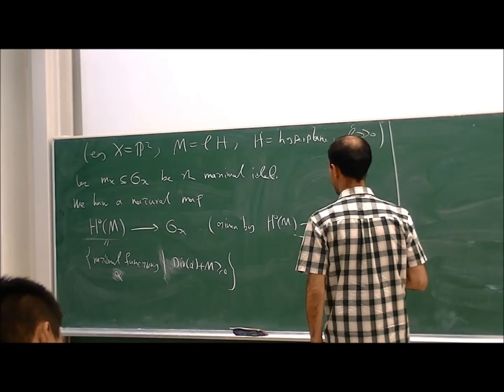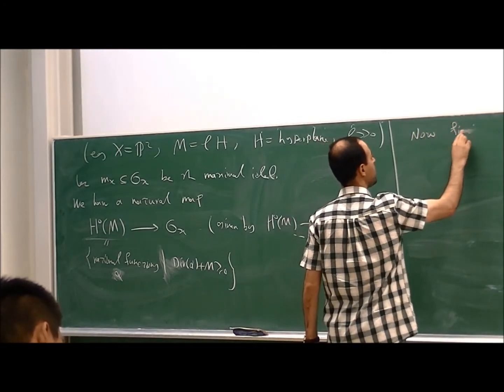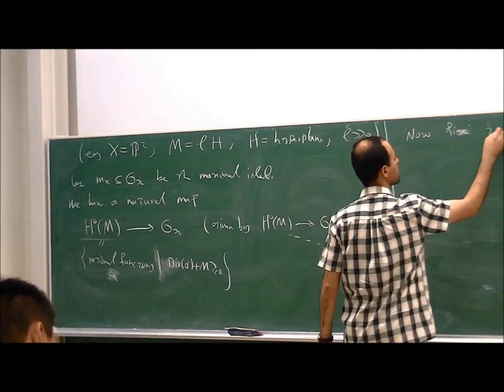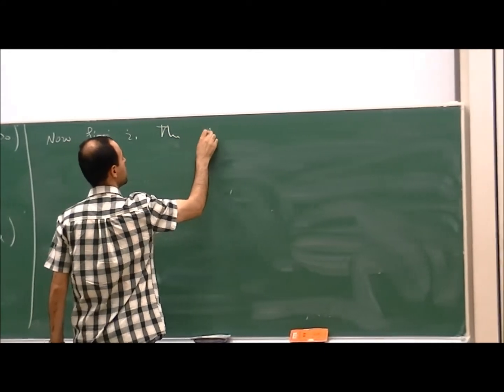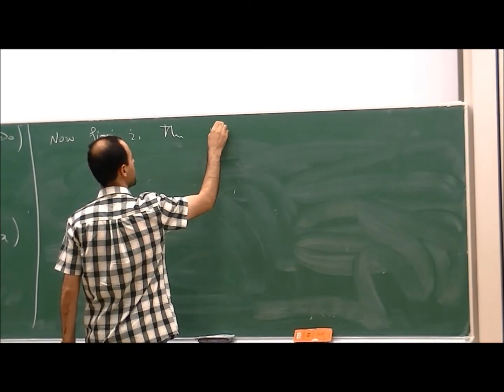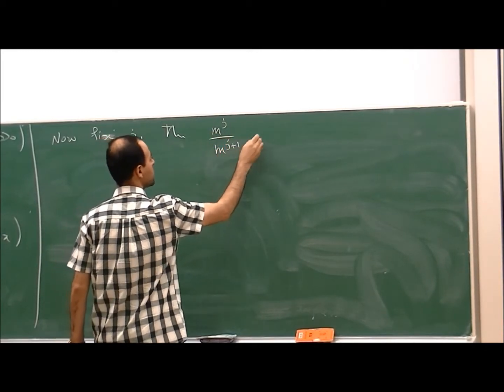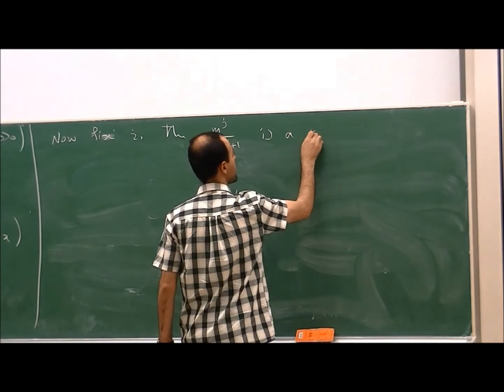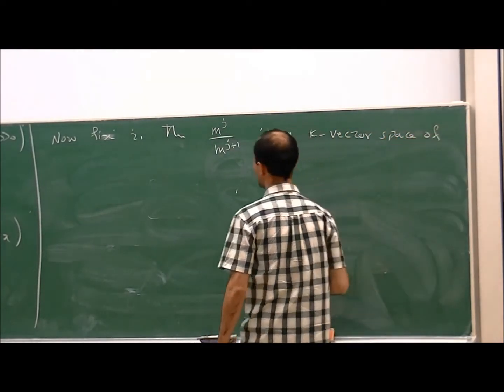Okay. Now, for the moment, let's fix some number, let's say i. Then, if you divide m^j over m^(j+1), this is a k-vector space of finite dimension.